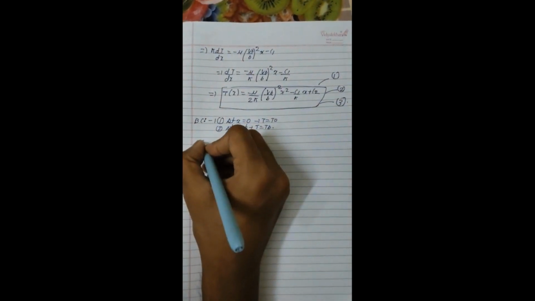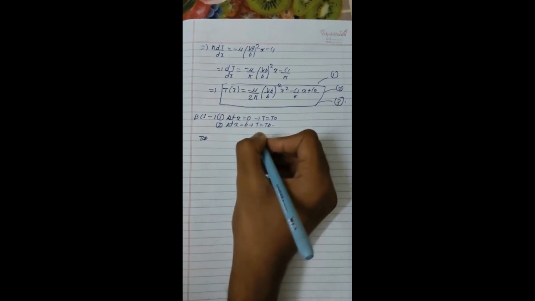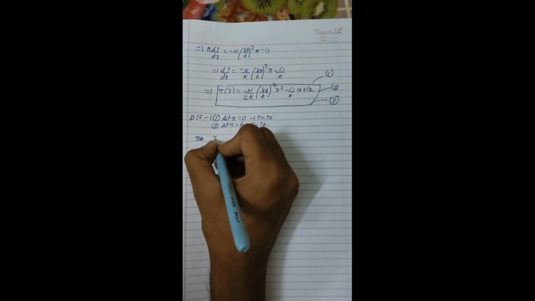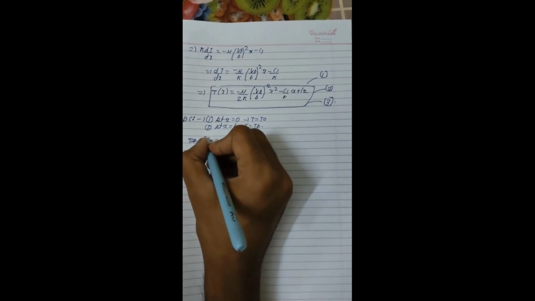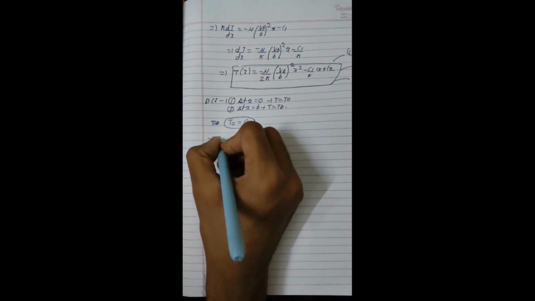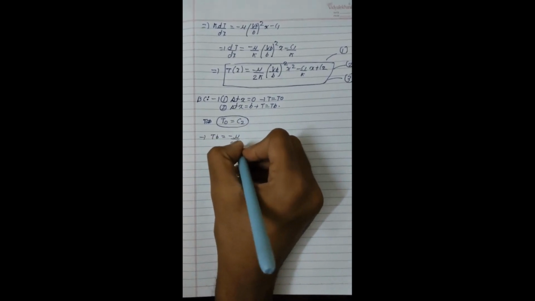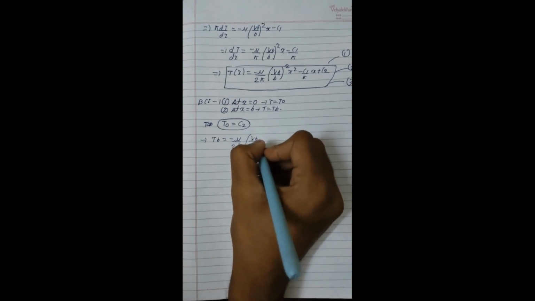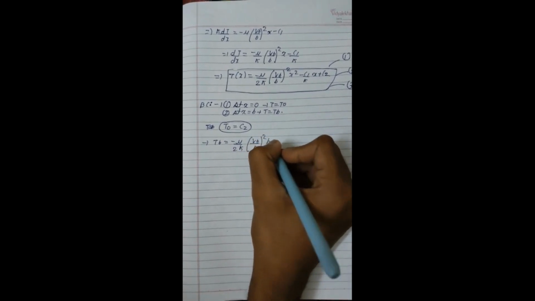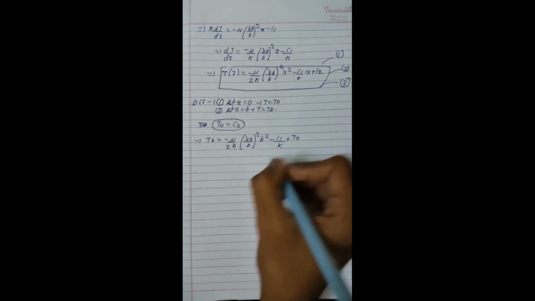Now we will put these equations. First of all, let's assume this is at x is equal to 0, and when you put x is equal to 0, you will get T naught is equal to C2. You got the value of C2. Now let's put x is equal to B, second boundary condition. So that would be TB is equal to minus mu upon 2k (VB upon B) whole square B square minus C1 upon k B plus T naught.